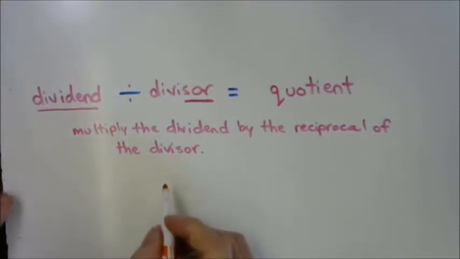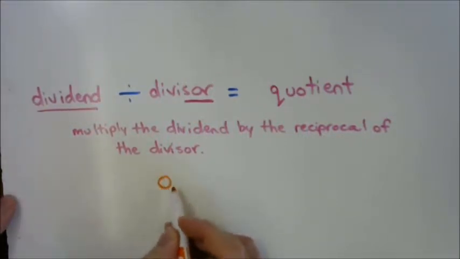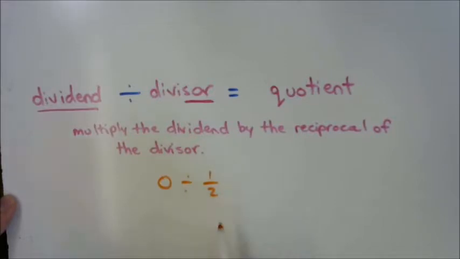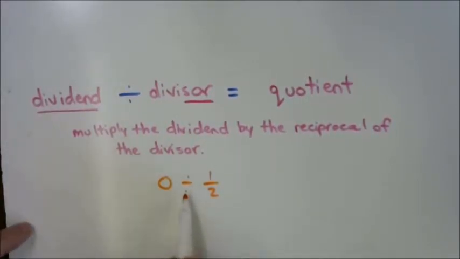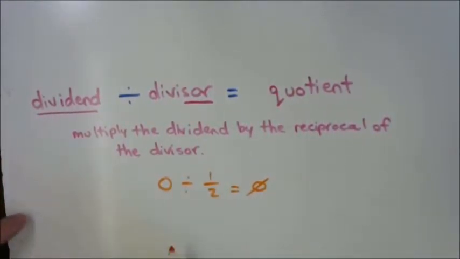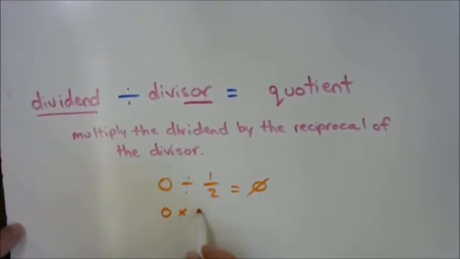I think you're asking about 0 divided by anything. If you have 0, can you divide it by anything? You're still going to have 0. Doesn't matter how you think of this. If you start with nothing, you can't divide it and get more. It's going to be 0. But yeah, that would convert into 0 times 2, which is 0.